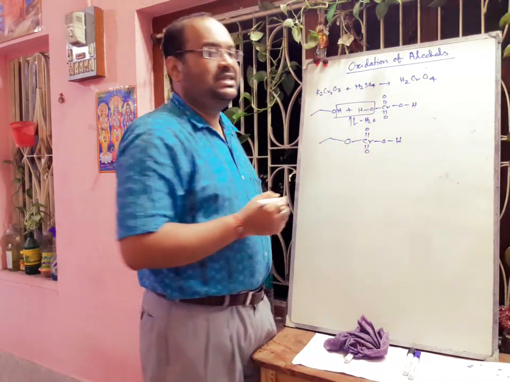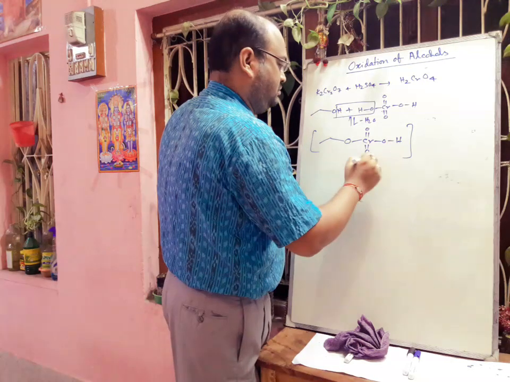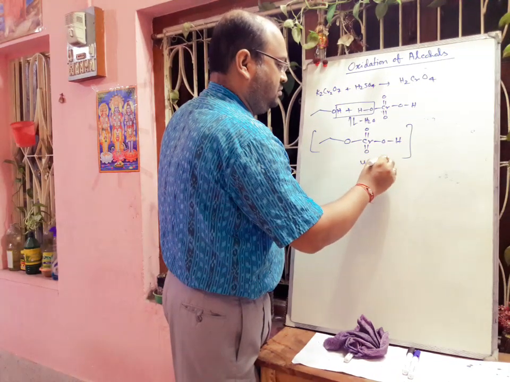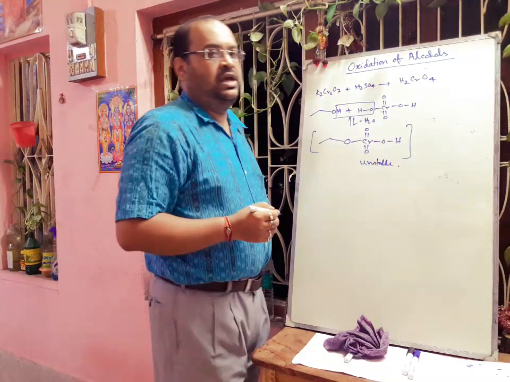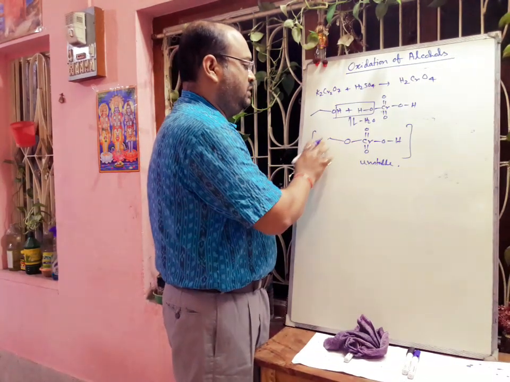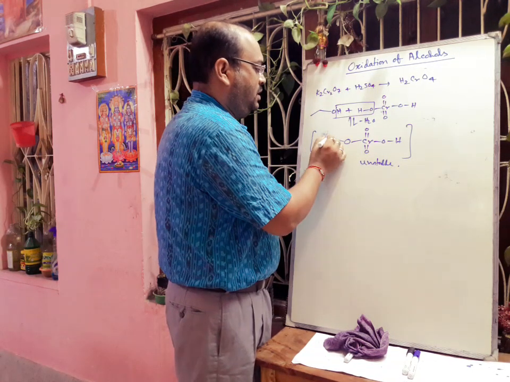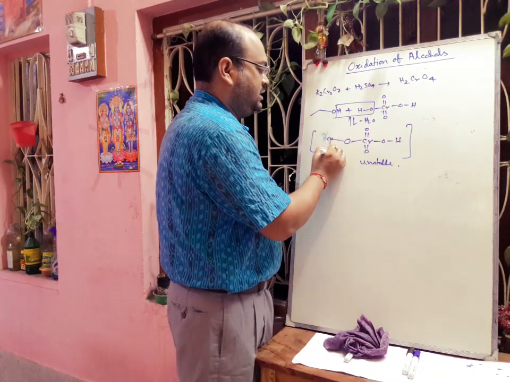And this chromate ester is not very stable, this is unstable. In the next step, what will happen here? If we write the hydrogen, then we can understand the mechanism better.